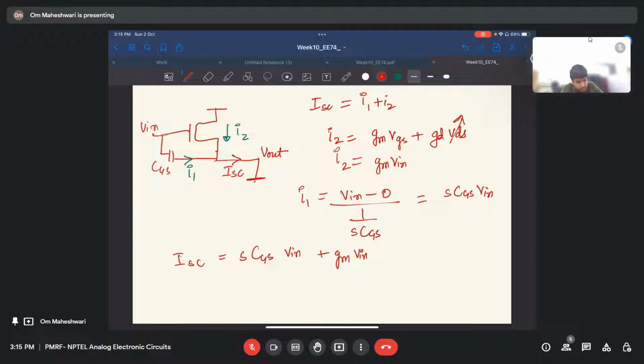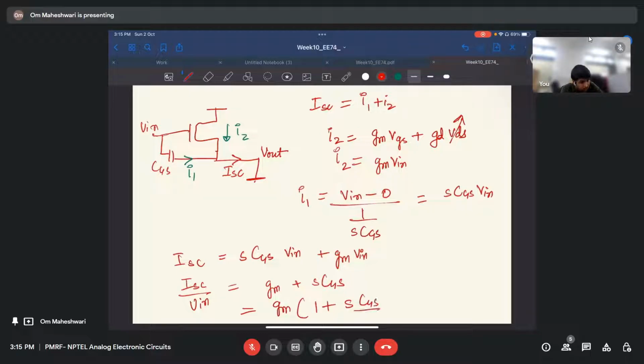So if I take ISC by V in, it equals GM plus SCGS, and let us take it in 1 plus S by form to get the zero. So let's take GM common: GM times 1 plus SCGS by GM. So this is the zero. So the zero is minus GM by CGS, and if you solve it, you will get minus 198.648.